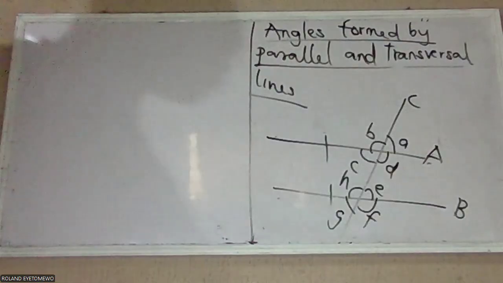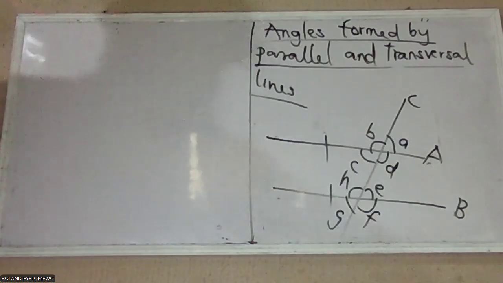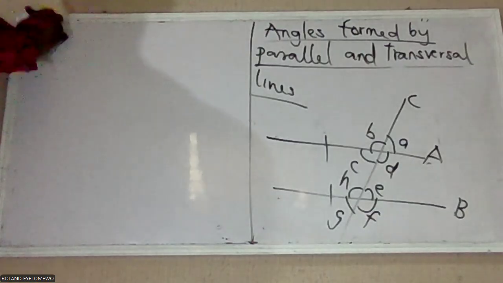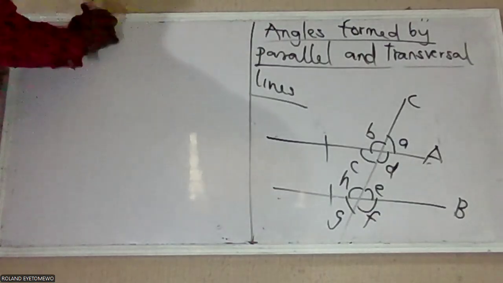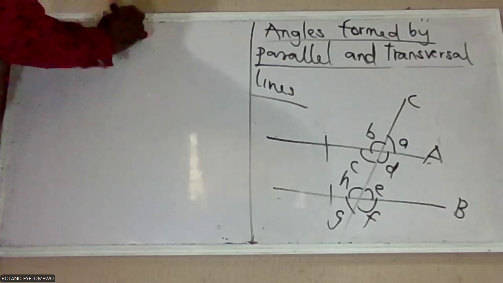Now, what are the angles formed when a transversal line cuts through the parallel lines? Let's see the angles. The first one I'm looking at is vertically opposite angles.